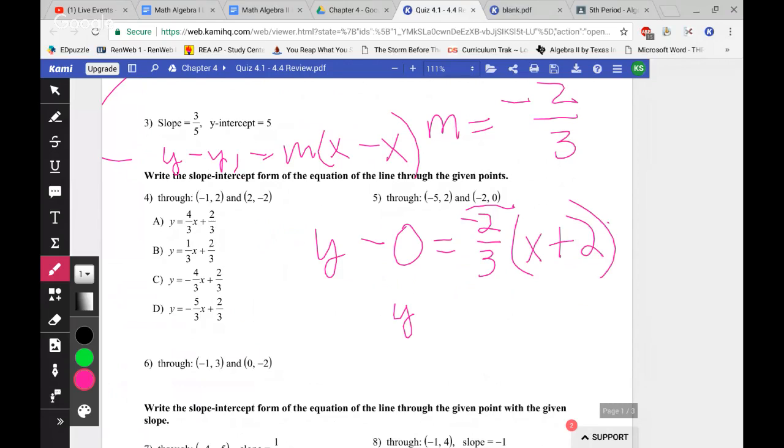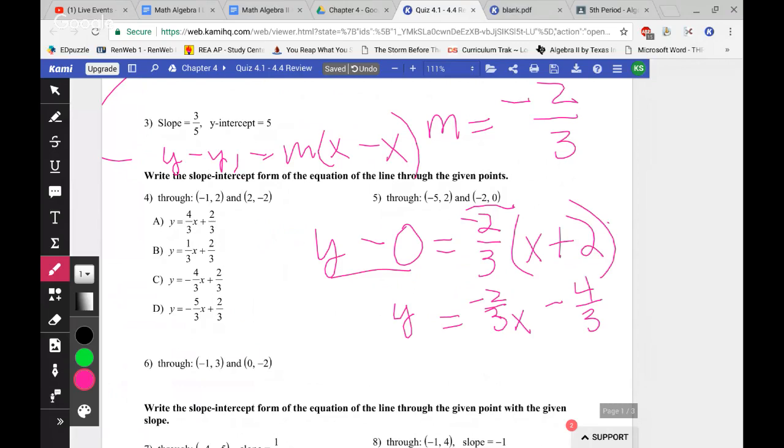All right, and then this obviously just comes down to y by itself, and now we'll distribute 2/3 times -2/3 times 2. Ooh, that 3 is sketchy, Miss Sparks. It would be -4/3, would it not? Yes, ma'am. That's what I got.